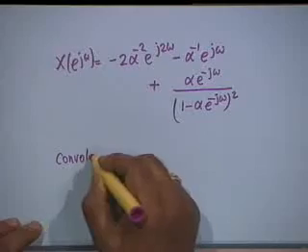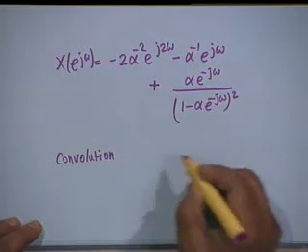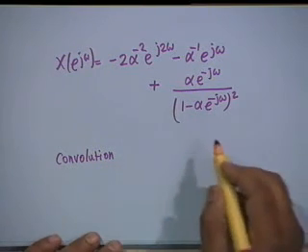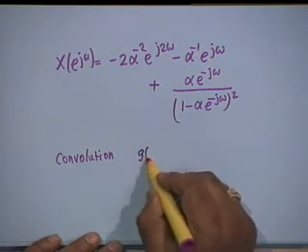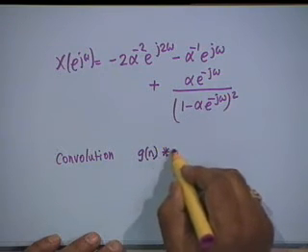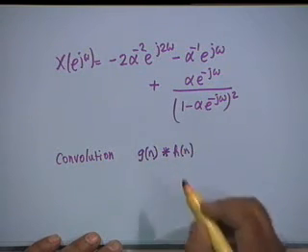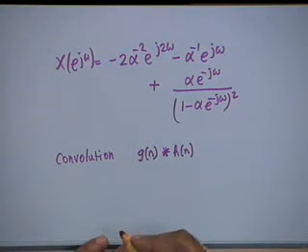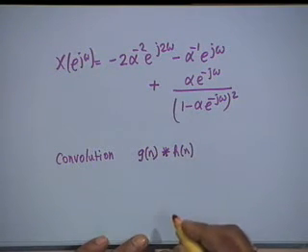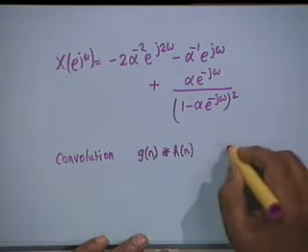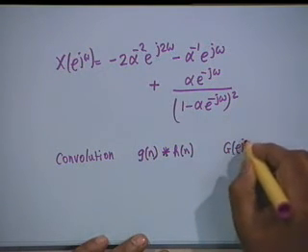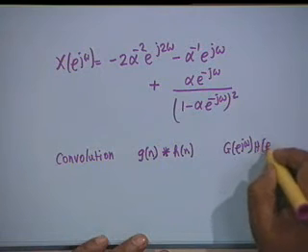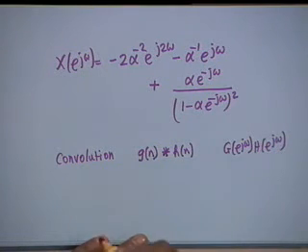Continuing the properties, the next property is that of convolution. Convolution says that if you have a sequence which is a convolution of two sequences g of n and h of n, then in the frequency domain the Fourier transform of this is simply the product of the two transforms, and this is a great simplification.